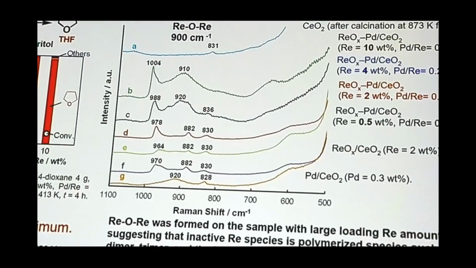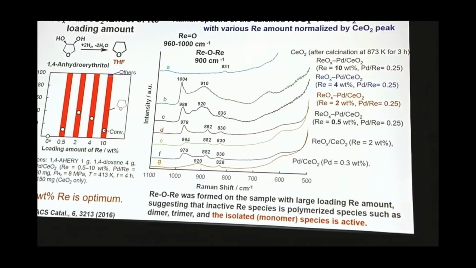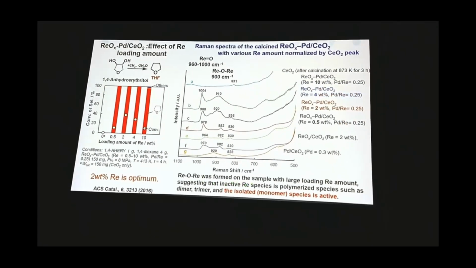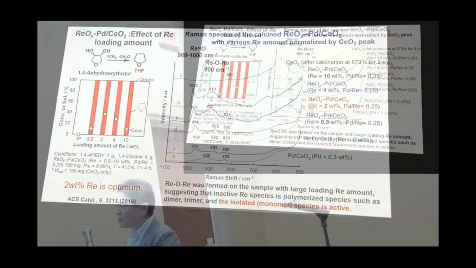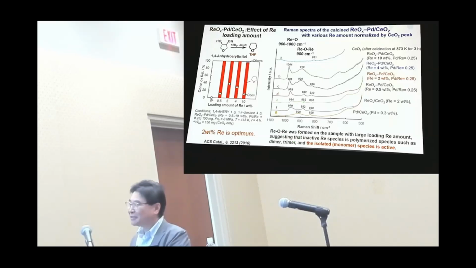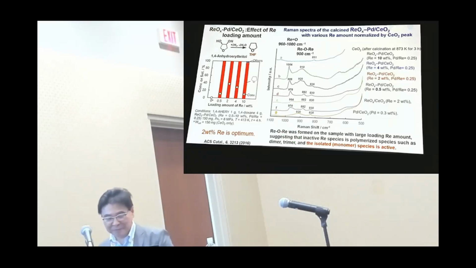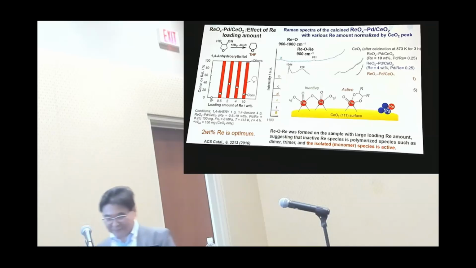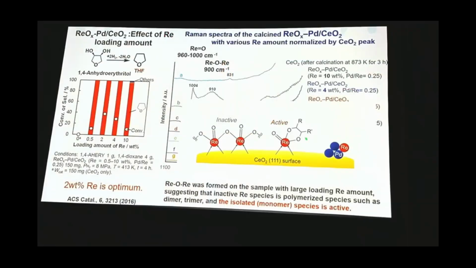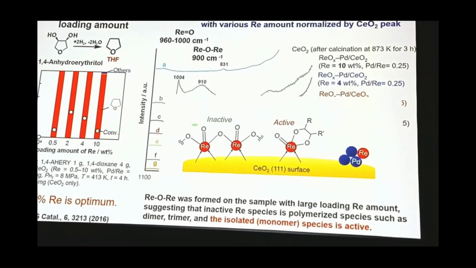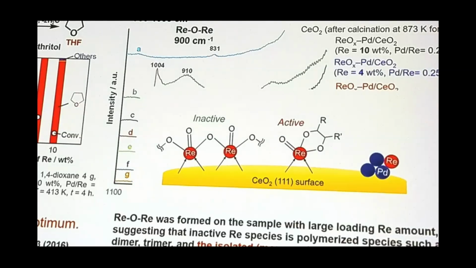Therefore, we are thinking that for the samples with a large loading amount, the inactive rhenium species is a polymerized species, such as dimer and trimer and so on. On the other hand, the isolated monomer species is so active. This is a model structure. The monomeric rhenium species is active, but the bridging polymerized rhenium species show no activity.